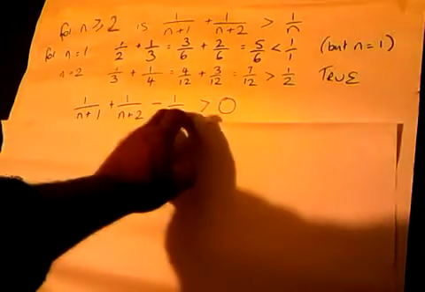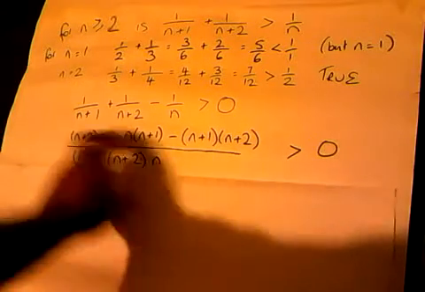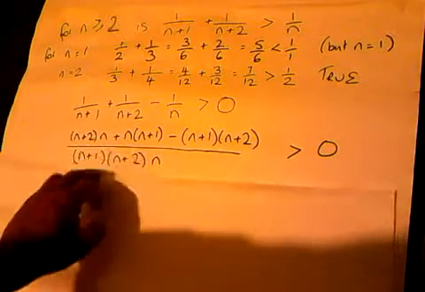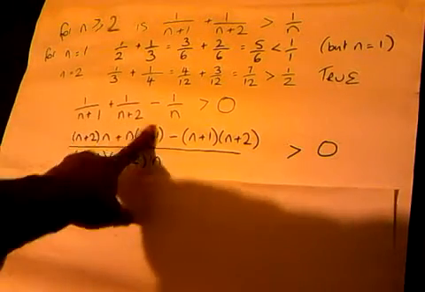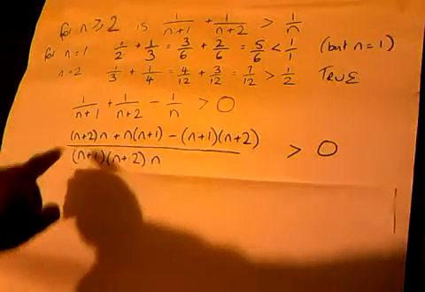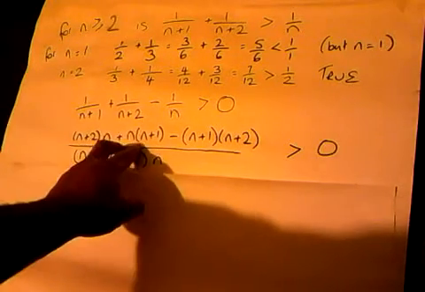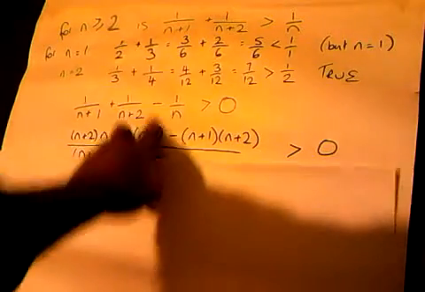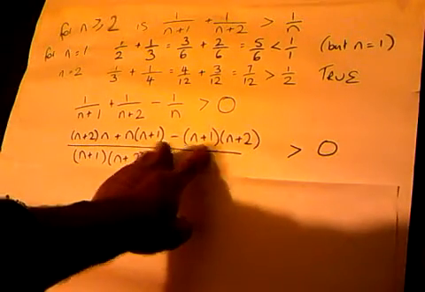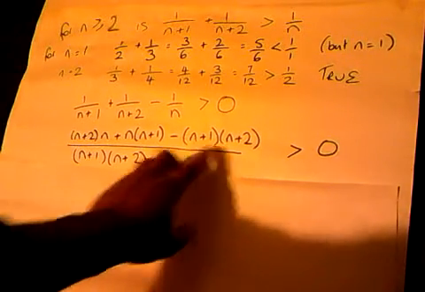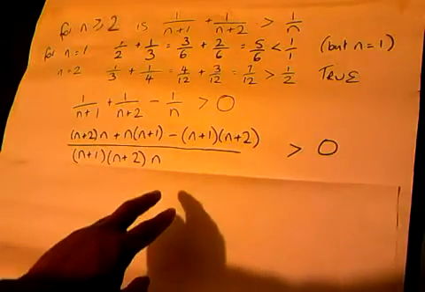Okay, so then expand that. The common denominator is going to be n plus 1 times n plus 2 times n. And then obviously you've got to play around with the numerators. So the top here becomes n plus 2 times n, plus n plus 1 times n, take away n plus 1 times n plus 2, and greater than 0.